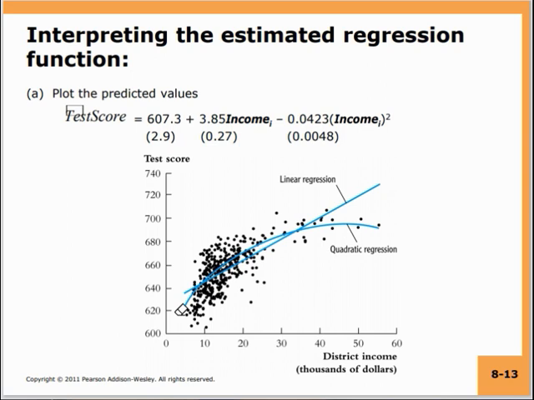Now if you were to actually plot this nonlinear line, you will get a curve like this, which as you can see seems to fit the data much better. What does it mean that it fits the data? It goes through the middle of the cloud of points. That is what your aim is. You want to estimate the typical change in test score with a change in income. So you see that this is actually fitting your data better.